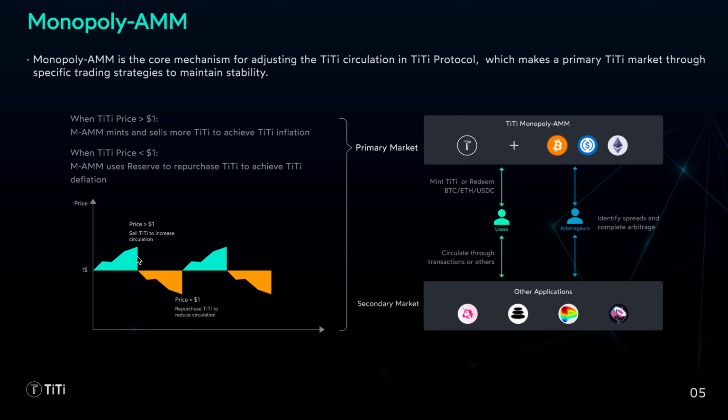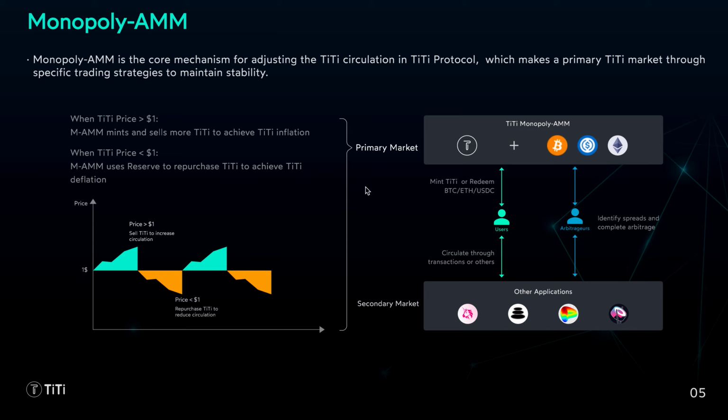That's why we choose the Monopoly-AMM. Monopoly here means specialized. In most street ideas, the market maker should have absolute control of mint and redeem rights to reflect real market supply and demand without being wrongly influenced or impacted. As a DeFi stablecoin, TiTi will have a secondary market.